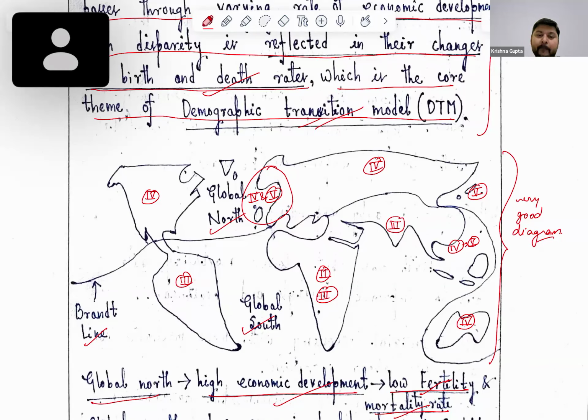Russia under stage 4. Australia stage 4 right now. So we can add certain regions here with respect to different stages. We can provide certain examples with respect to stage 1, 2, 3, 4, and 5, region wise. It will give you a better perspective on your diagram also.